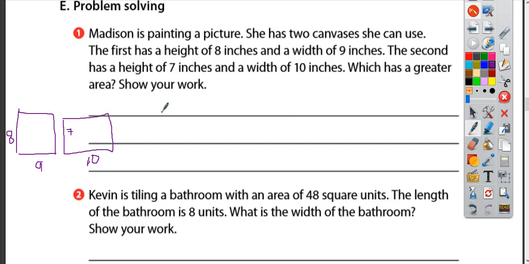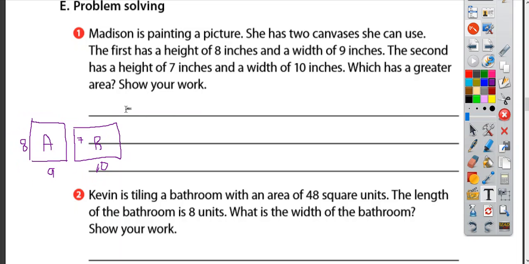Which has the greatest area? Show your work. Well, let's call this canvas A and let's call this canvas B. Then calculate the area. Area of canvas A equals 8 times 9 equals 72.